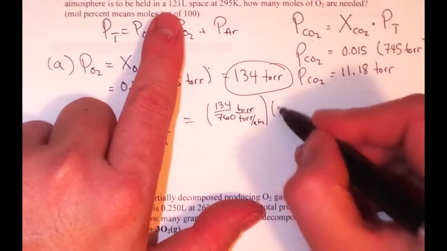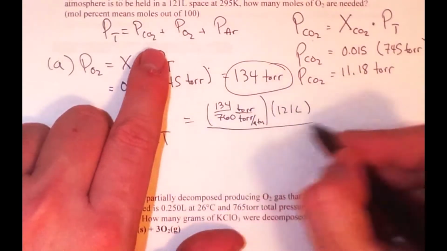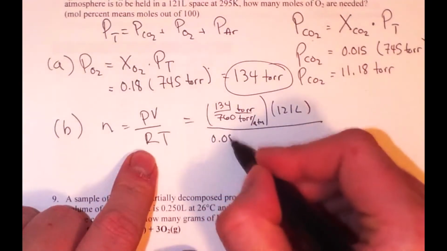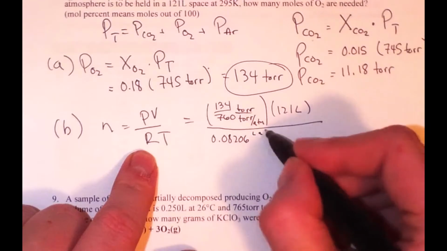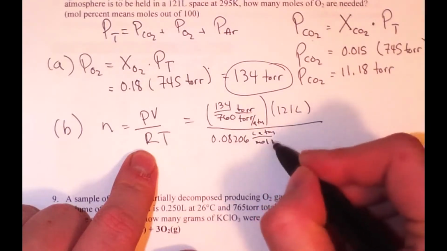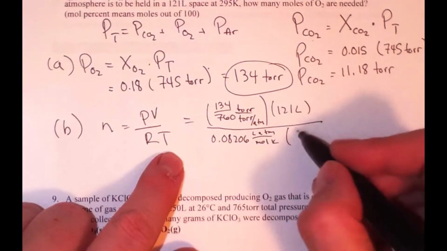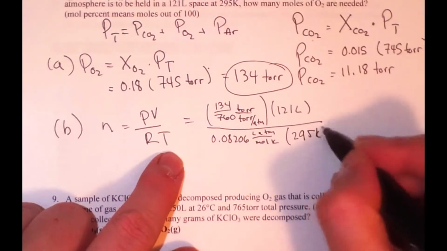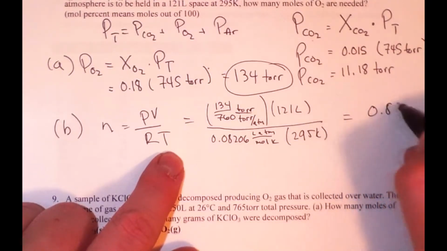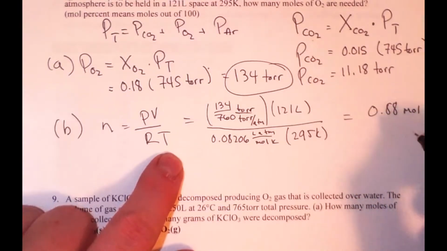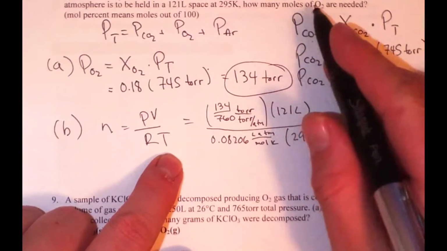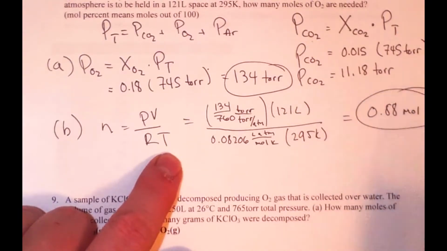The volume is 121 liters. The ideal gas constant and 295 Kelvin. That's equal to 0.088 mole of oxygen. And it asks for moles, so we are good. That's our answer.